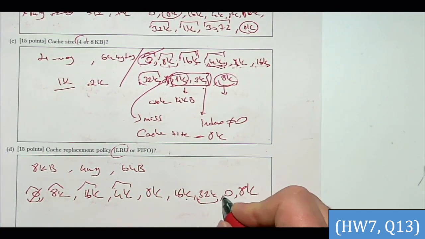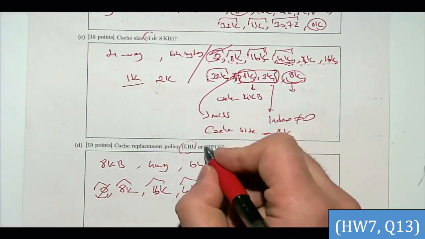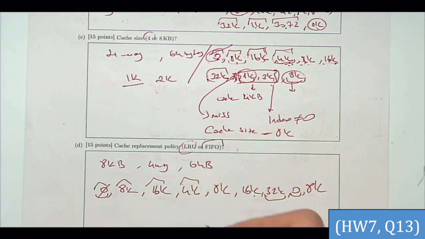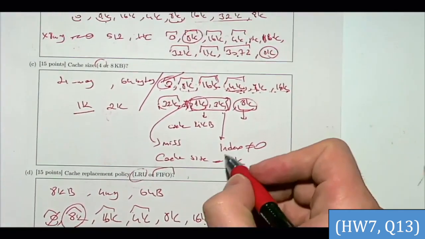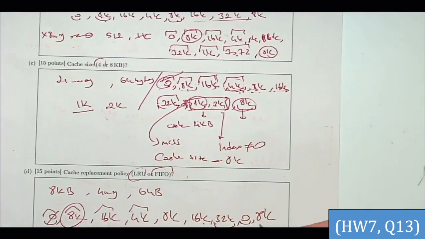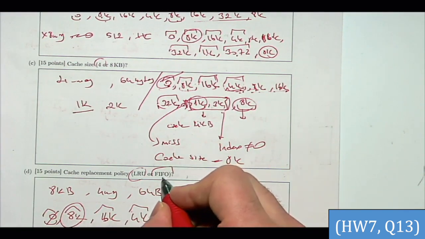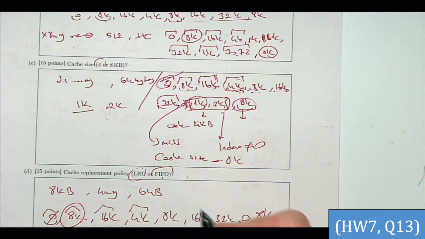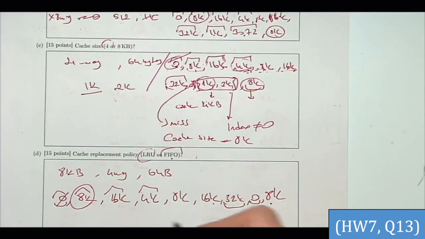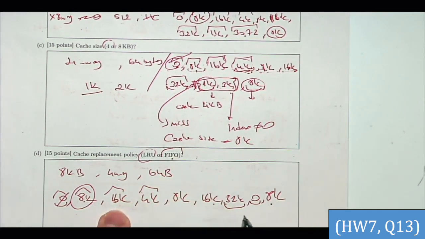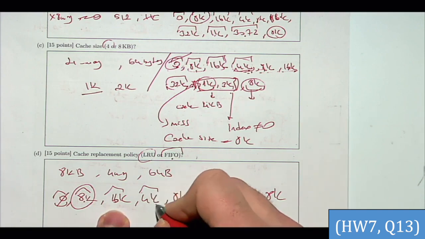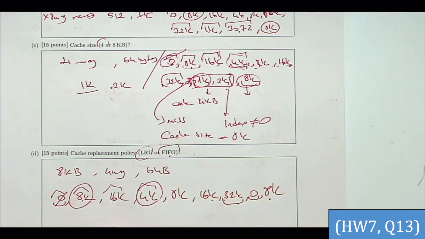So for the 0, if it is FIFO, then we will have to remove 8. But for the same reason that I described here, 8 should be a hit, so this shouldn't be FIFO. The replacement policy should be least recently used, so that I won't remove 8K, and instead I will remove 4K, because this is the least recently used, okay?